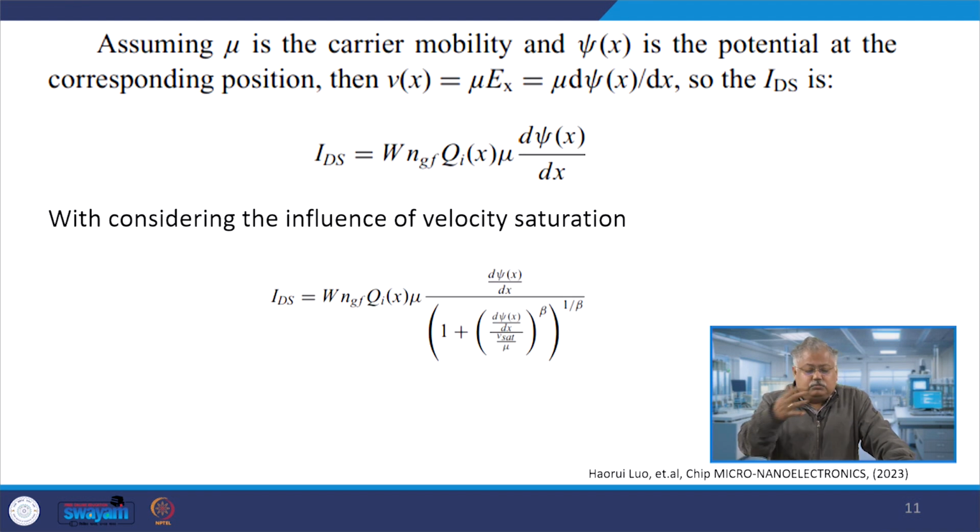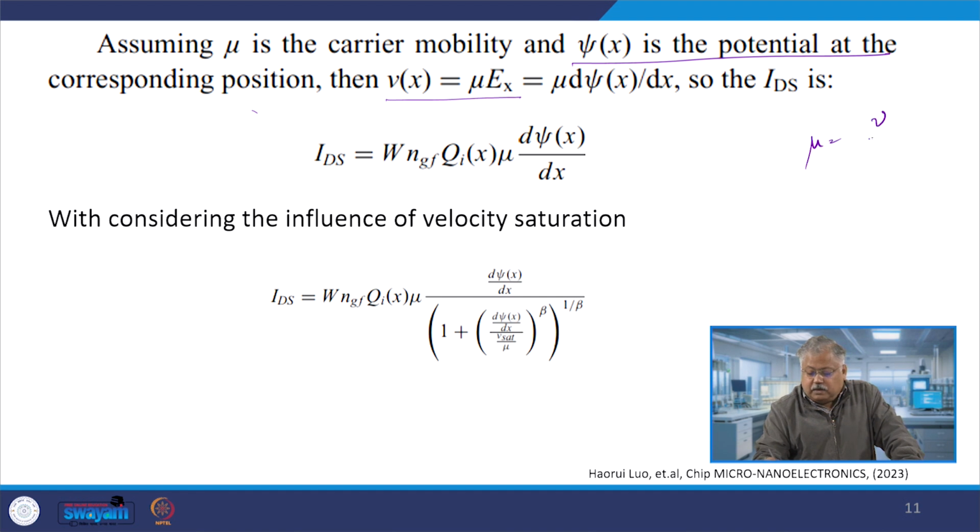Now, if I assume that the carrier mobility is mu and psi x is the potential at any point within the channel, then the velocity of the charge carrier will be mu times Ex, because mu equals V upon E, so V equals mu into E. E can be written as d psi dx, because electric field is nothing but the rate of change of potential with respect to x.